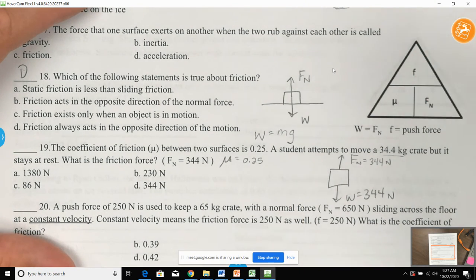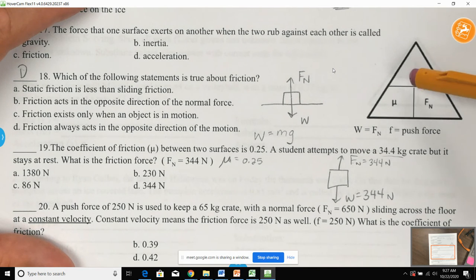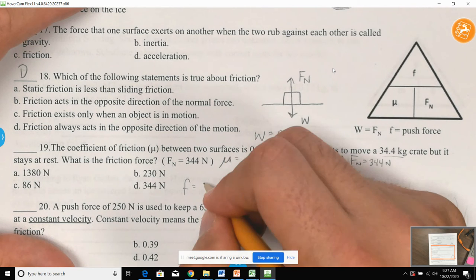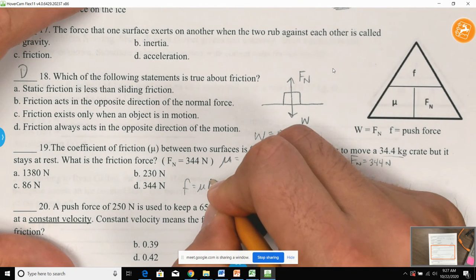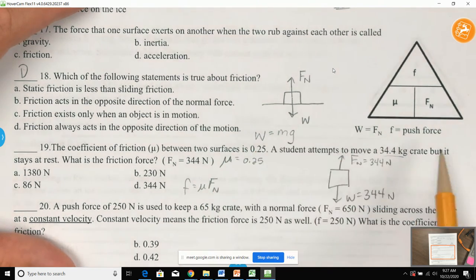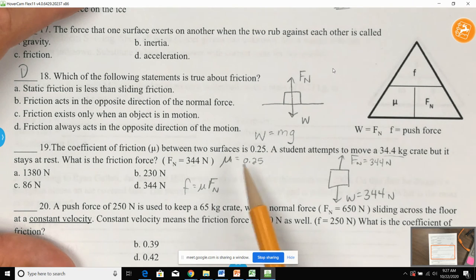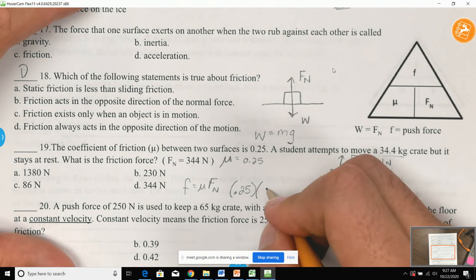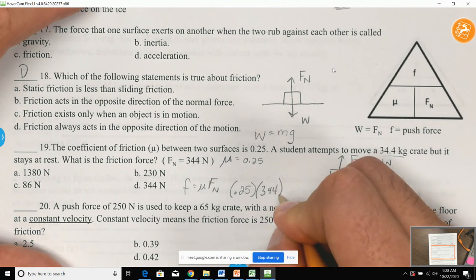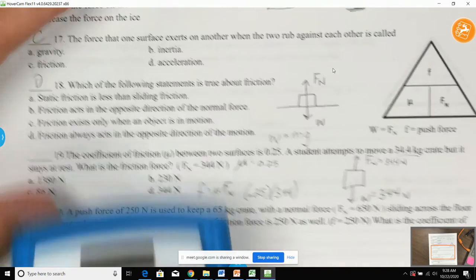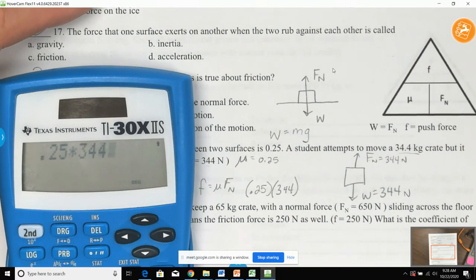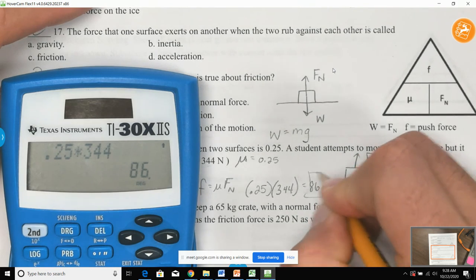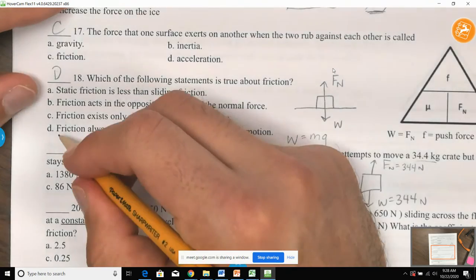Friction is the little f here. So if I cover up f, what does that tell me I've got to do? f equals the coefficient of friction times the normal force. And I have both of them. Normal force is 344, coefficient is 0.25. So I'm going to do 0.25 times 344, and that's going to give me 86. Letter C.